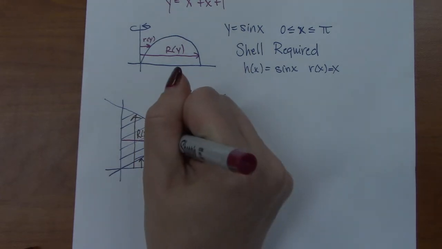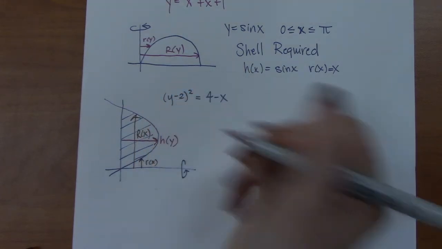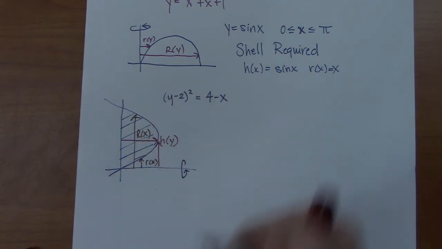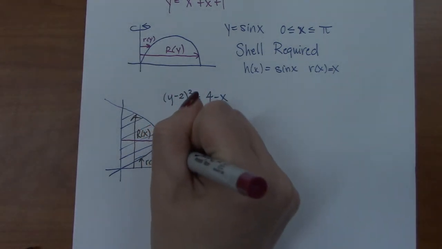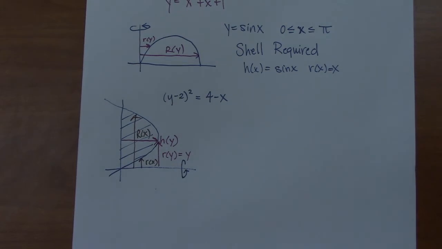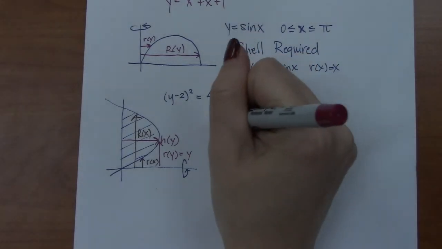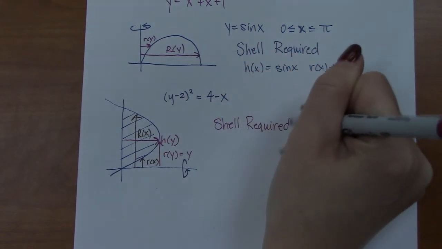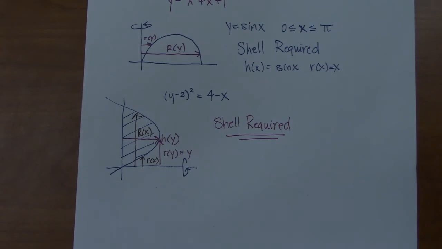So that would be a height that's a function of y. And in the same way, the radius here is just going to be y, because you go up to some arbitrary y value, and when you plug that y value in, it gives you the distance across, which is the height. So if we wanted to set this up, shell is actually required for this one. You can't do it using disk or washer. It just won't work.